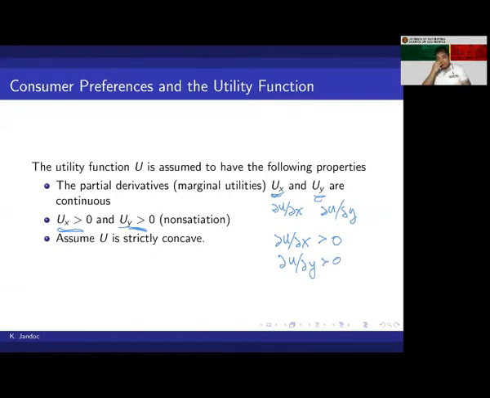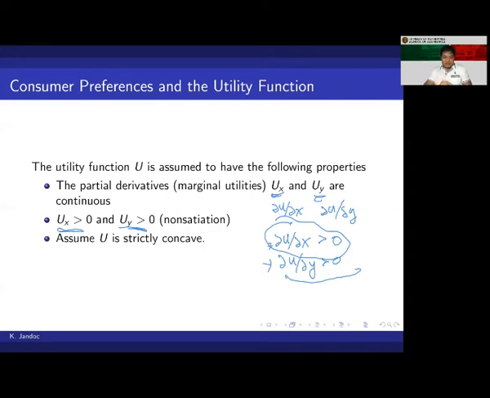So what does that mean? If these partial derivatives are positive, take the first: this means that when you increase your consumption of x, it will give you higher utility. The second means that if you increase consumption of y, then it will give you higher utility, higher satisfaction.